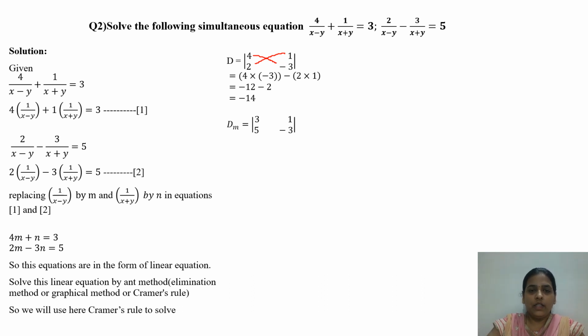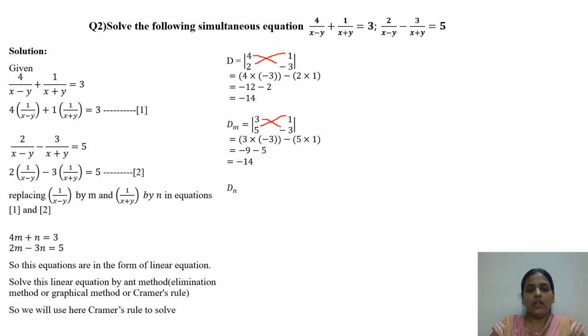So multiply 3 into minus 3 and 1 into 5. So 3 into minus 3 minus 5 into 1. Correct. So 3 into minus 3, that is minus 9. 5 into 1, that is 5. So minus 9 minus 5, what is your answer here? That is minus 14. So this is the value of dm.